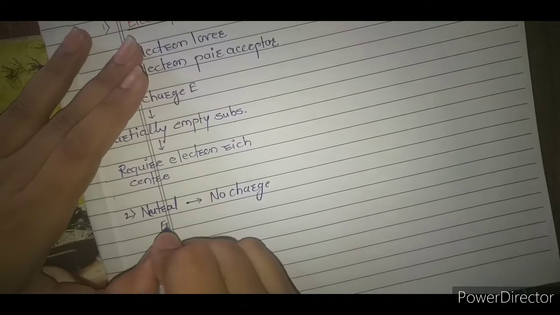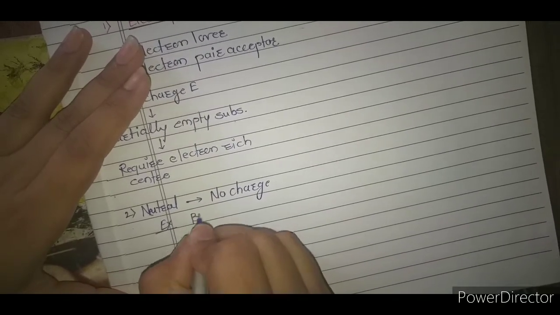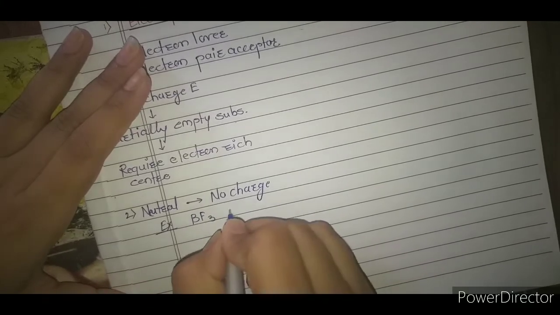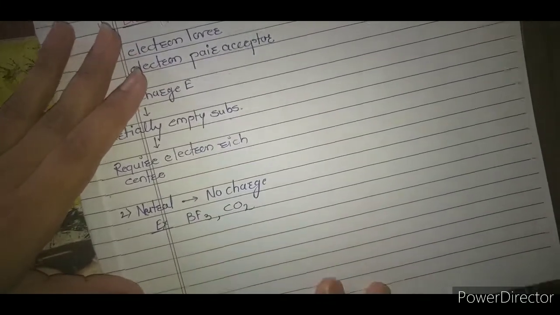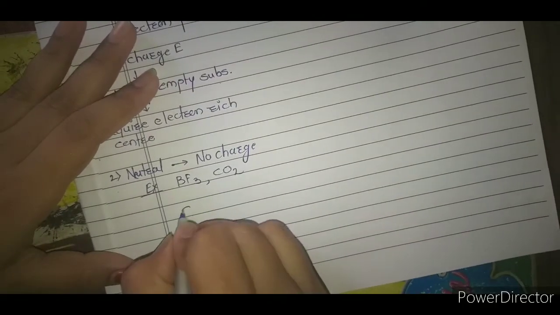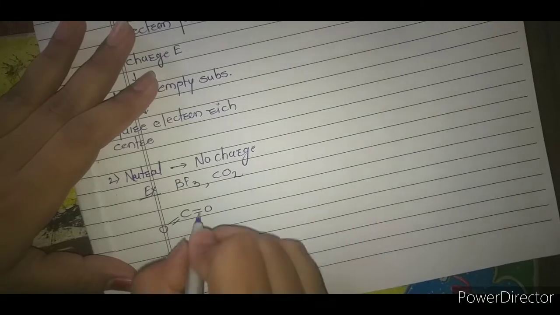Examples of this electrophile are BF3 or CO2, meaning carbon dioxide. Okay, so this is your carbon dioxide.